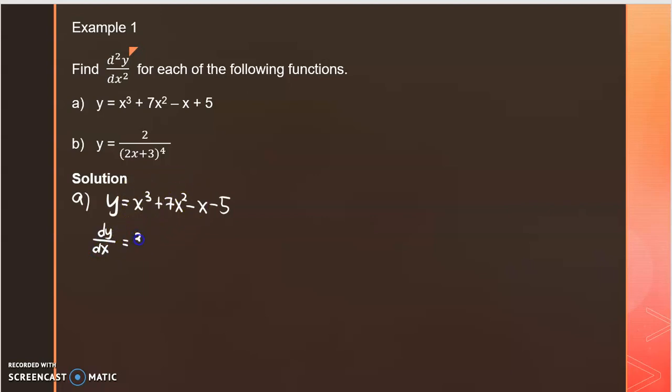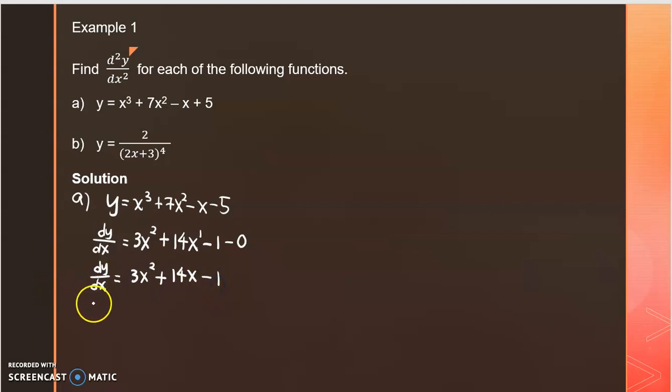I should have 3x squared, multiply the index, bring the index to the front, and then minus 1. So we have 3x squared plus 14x to the power of 1 minus 1, minus differentiate constant, I should get 0. So my first derivative dy/dx will be equal to 3x squared plus 14x minus 1.